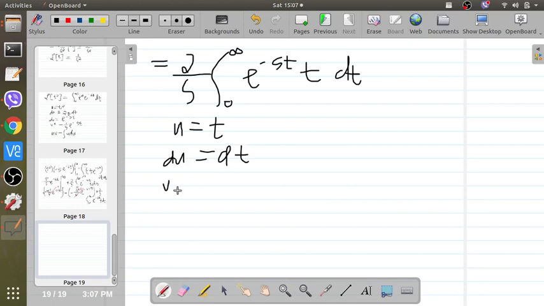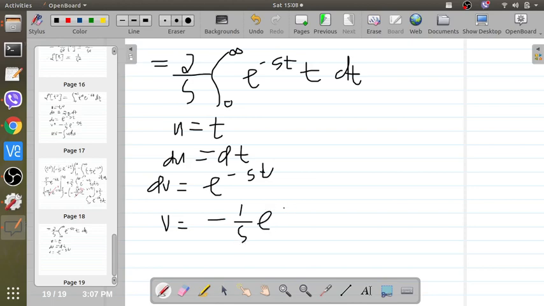Then this is dv, by the way, e raised to the power of negative st. Then v is equal to negative 1 over s e raised to the power of negative st.